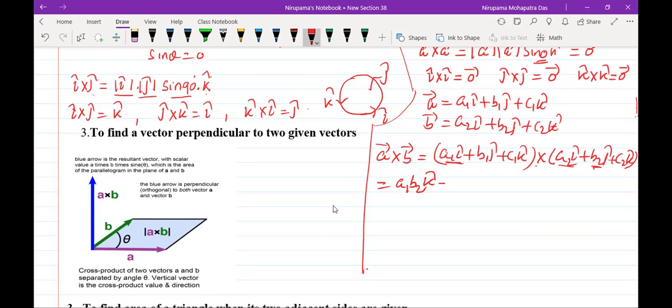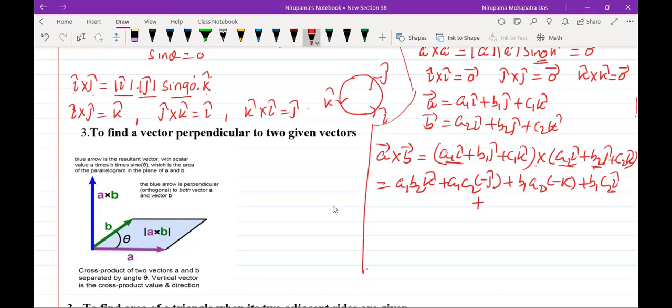A1 C2, now I cross K. See, I cross K is minus J. Plus B1 A2, J cross I is minus K. Then this is 0, plus B1 C2, now J cross K is I cap.